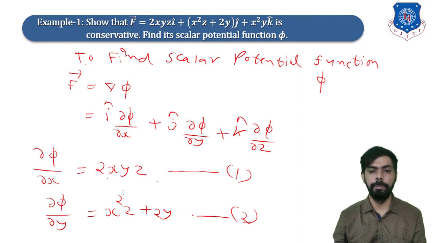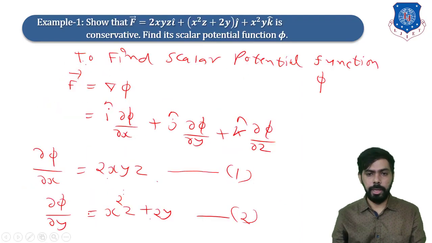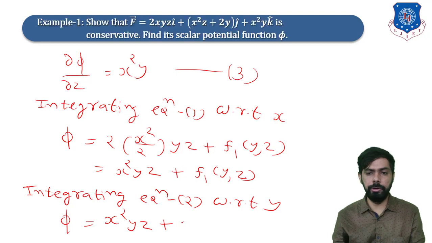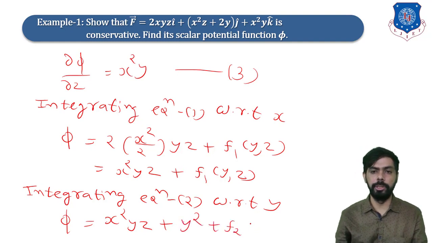So here x square yz plus 2 into y square by 2, so here it will be y square plus some function of x and z because x and z are constant.